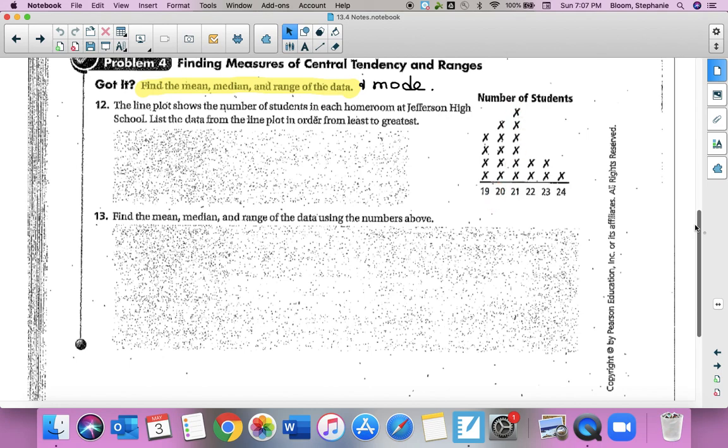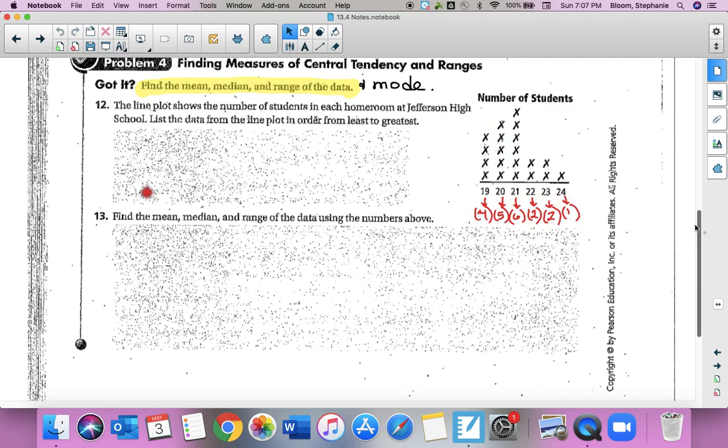Okay, so let's just write this down here so we can see. So there's 4 with 19. There's 5 with 20. There's 6 with 21. 2 with 22. 2 with 23. And 1 that has 24. So this is the number of classrooms that have this many students in each, okay?